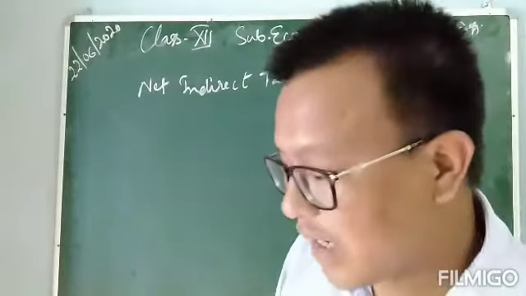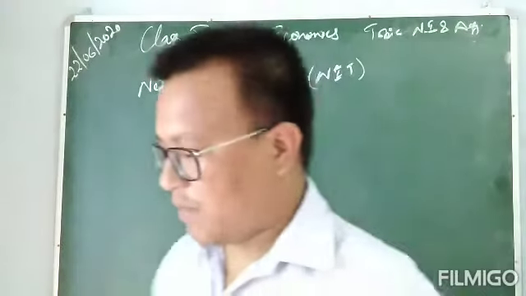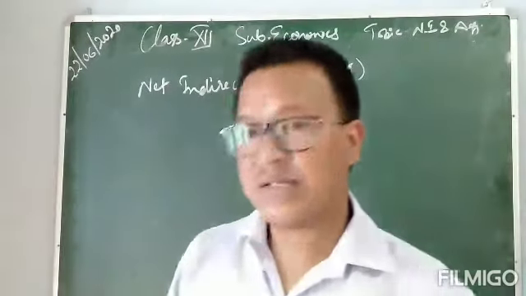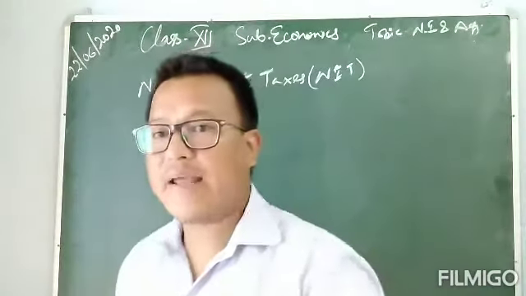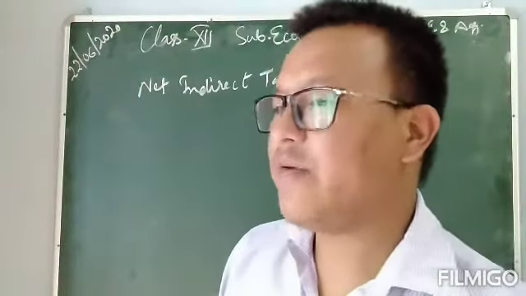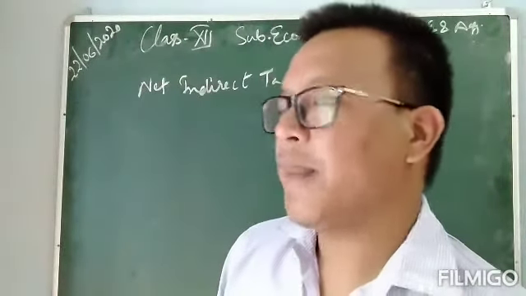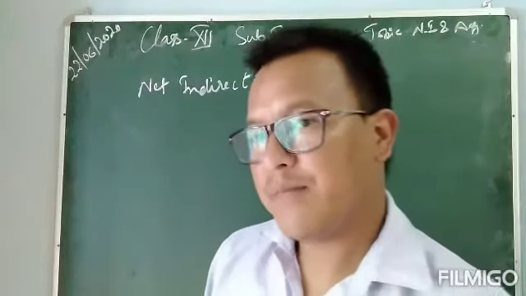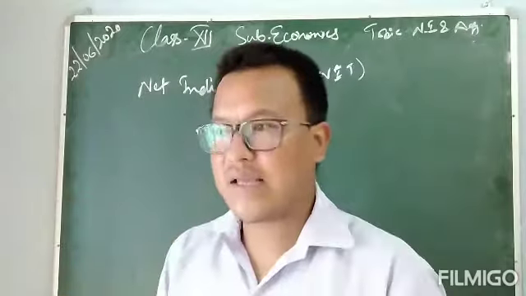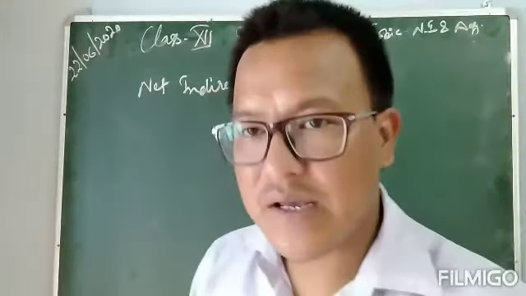These are called indirect taxes because the burden of these taxes is shifted to the buyer. So the buyer has to pay all the taxes. Whenever we buy a commodity from a market, we see the MRP, maximum retail price. It includes all the taxes, and that price a consumer has to pay.